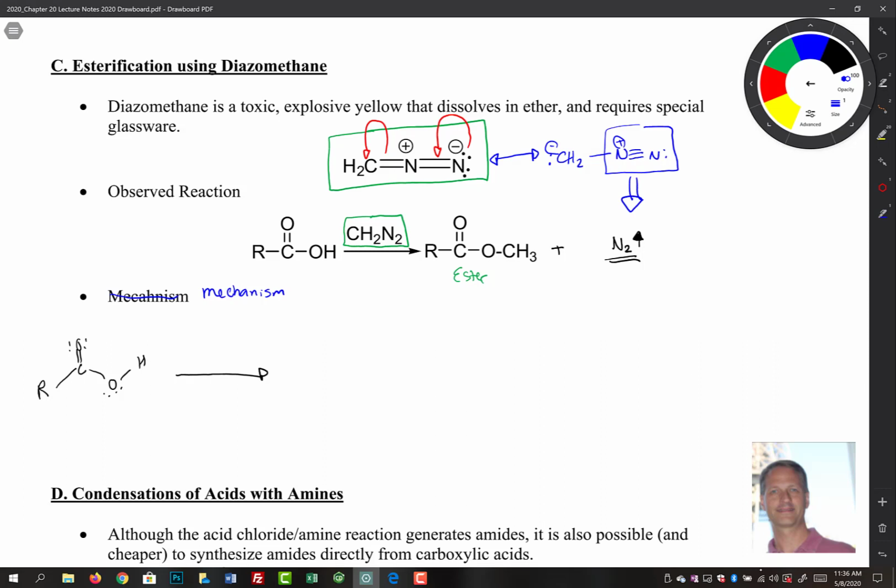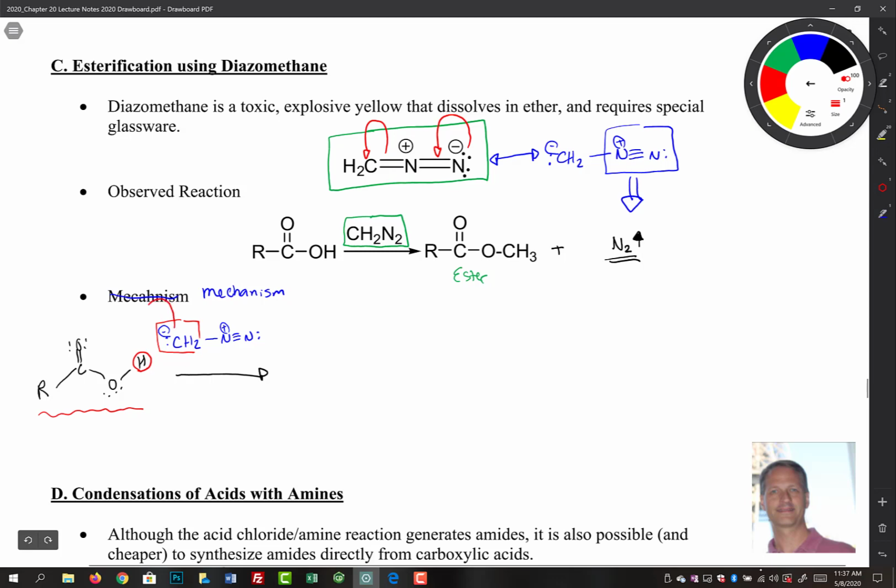Okay, so down here below, when I write out our diazomethane, I want to write it out as CH2 minus and then N triple bond N. I want to use this resonance form of that. So really the very first thing that's going to happen in that reaction is, because you have a carboxylic acid, you have this acidic proton right here, and then you're adding to it the CH2 minus. These cannot cohabitate.